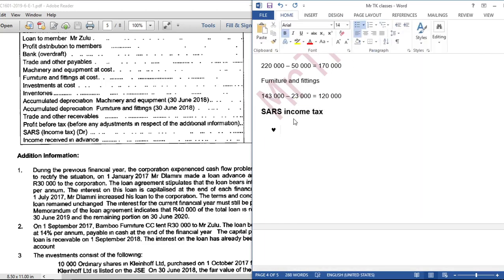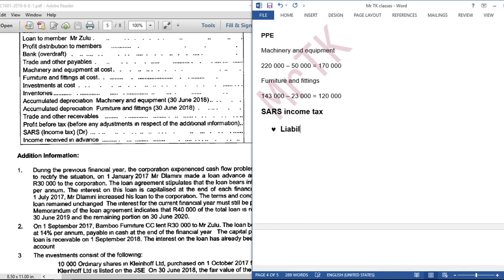If you don't pay SARS what is due, that's a liability, so it has a credit balance. It decreases on the debit side and increases on the credit side, because it has a credit balance.